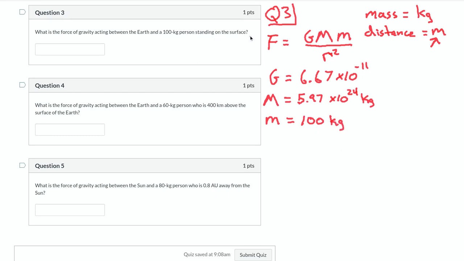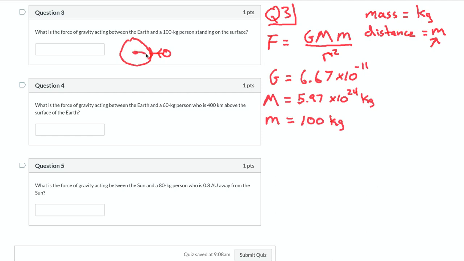And the person is standing on the surface. Now, whenever we do a calculation like this, the distance we use is the distance between the centers of those objects. So if here's the Earth and here's a person standing on the Earth, the distance we use here is not 0 because they're standing on the surface. Instead, it's the distance from the center of the object.